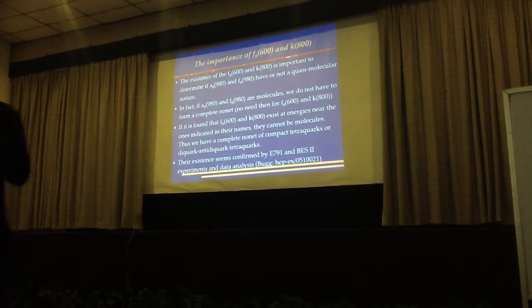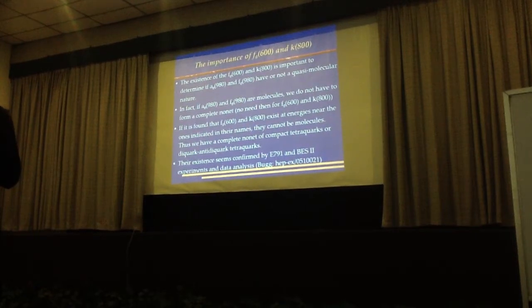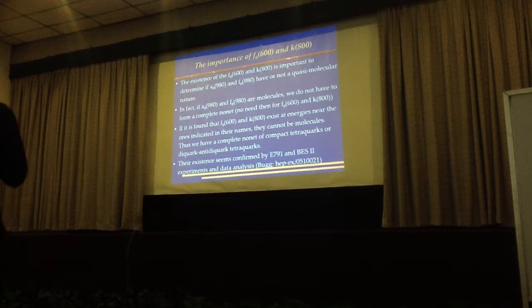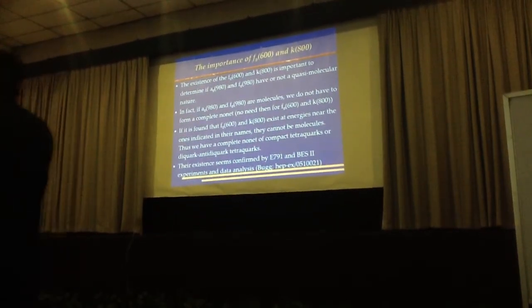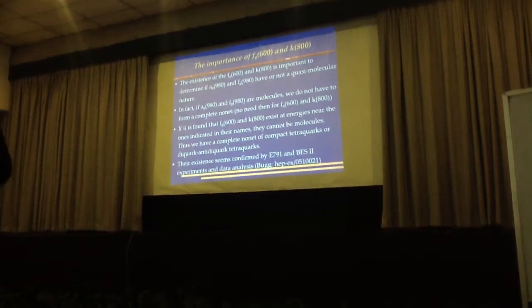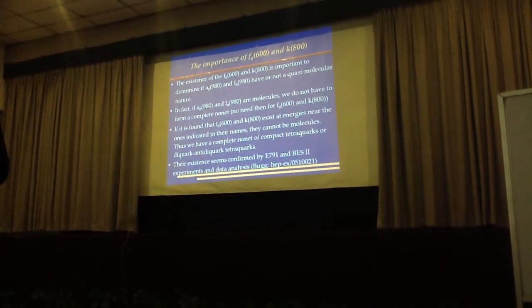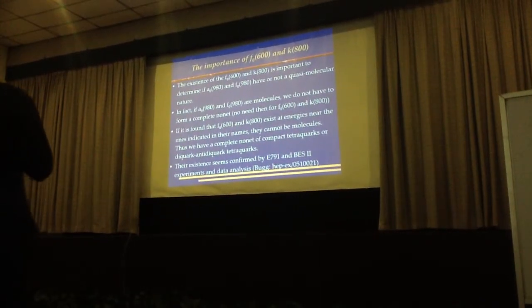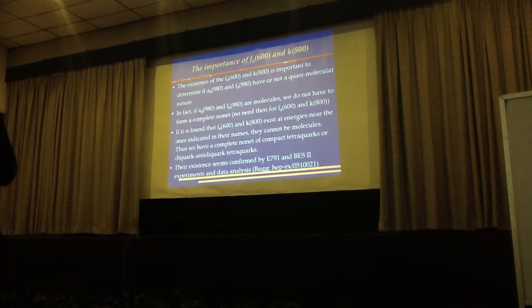If these other two mesons exist, and they exist at energies like their names indicate, they cannot be molecules because they have a mass much higher than the threshold of their components, so they must be either compact tetraquarks or diquark-antidiquark tetraquarks.